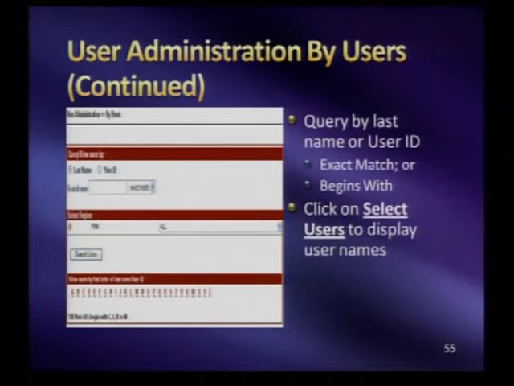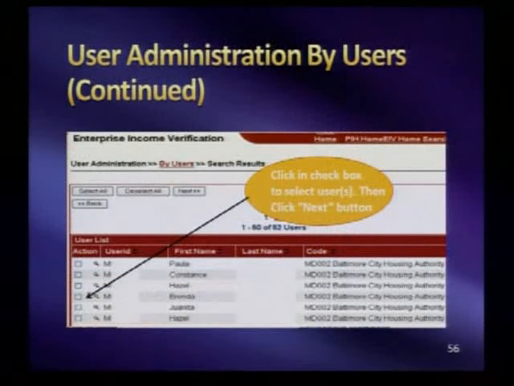You also have the ability to just search on exact match or begins with. So maybe you just want to list all your users at your housing authority, and so everybody at your housing authority, their user ID typically begins with the letter M as in Mary. So you could type in M and then toggle down to begins with and then display all your users. And so here's a listing of all the users at the housing authority.